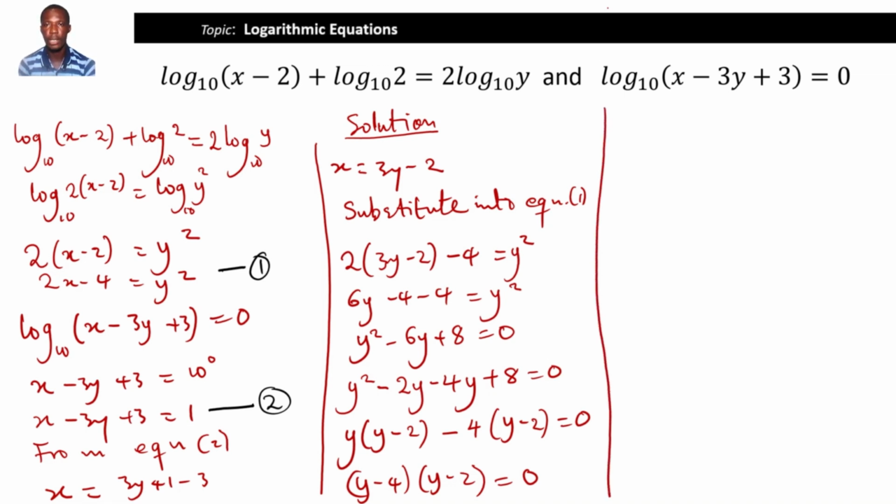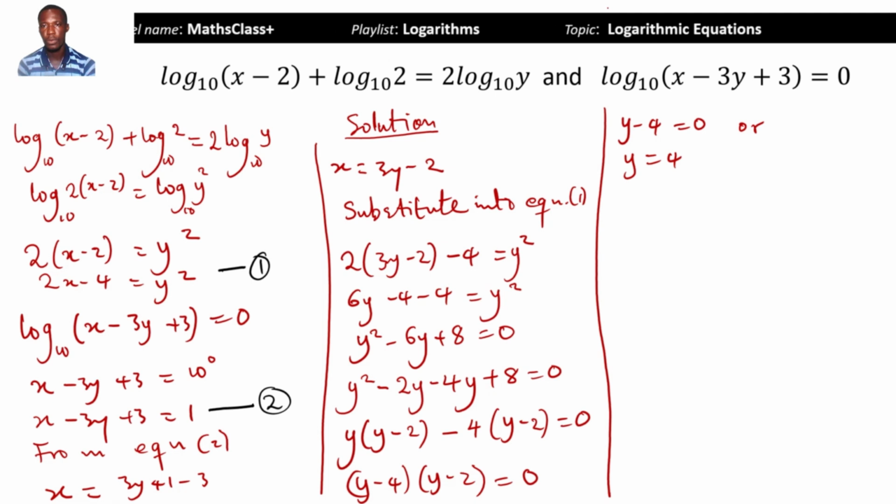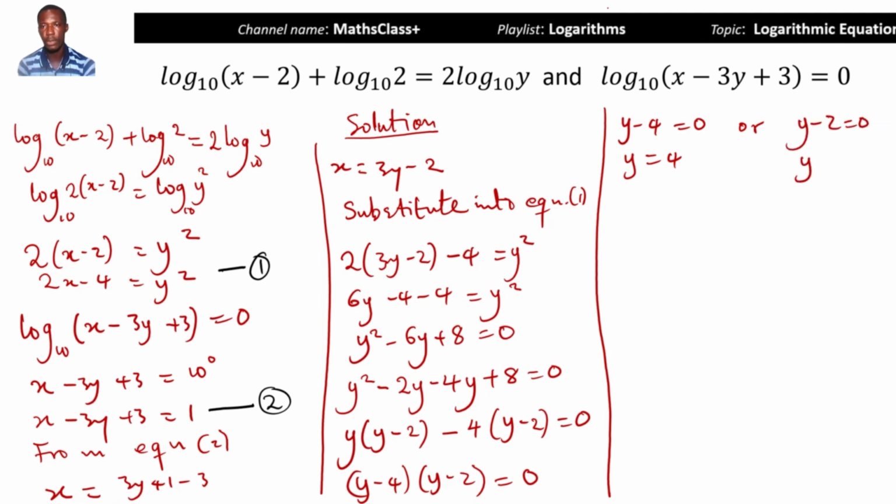And then here I'll have y minus 4 is equal to 0, which is y is equal to 4. Or y minus 2 is equal to 0, which is y is equal to 2. So I have two values for y.